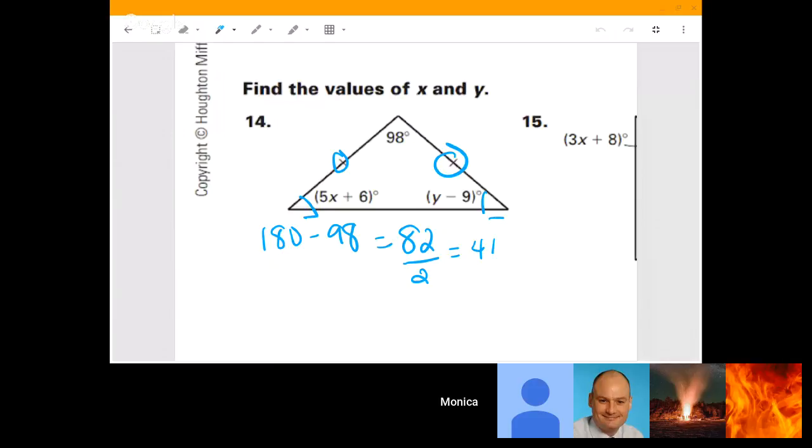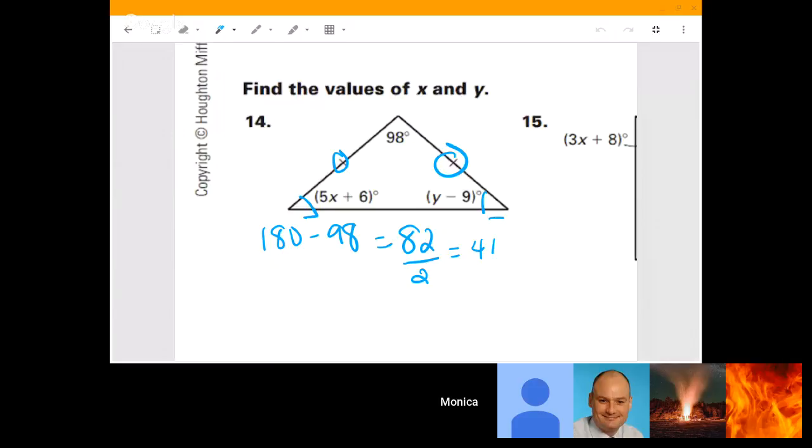No, the interior angles of a triangle are not necessarily congruent. They all add up to what? Right, they all add up to 180. So we know those two bottom angles are equal to each other.